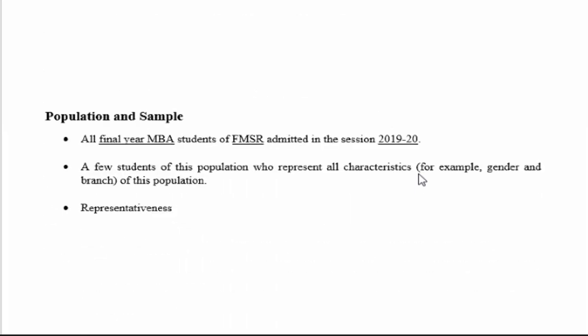Now, another very common thing that we generally use is the concept of population and sample in statistics, because as I told you, statistics deals with numbers and figures and data, whatever you call it, and the quantum of data may be very huge.